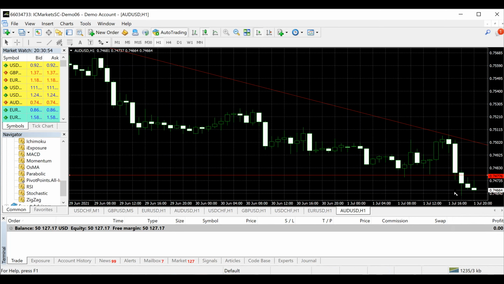We can see when MACD is moving up like this, there are chances there is high momentum. Yeah, there is possible high momentum.